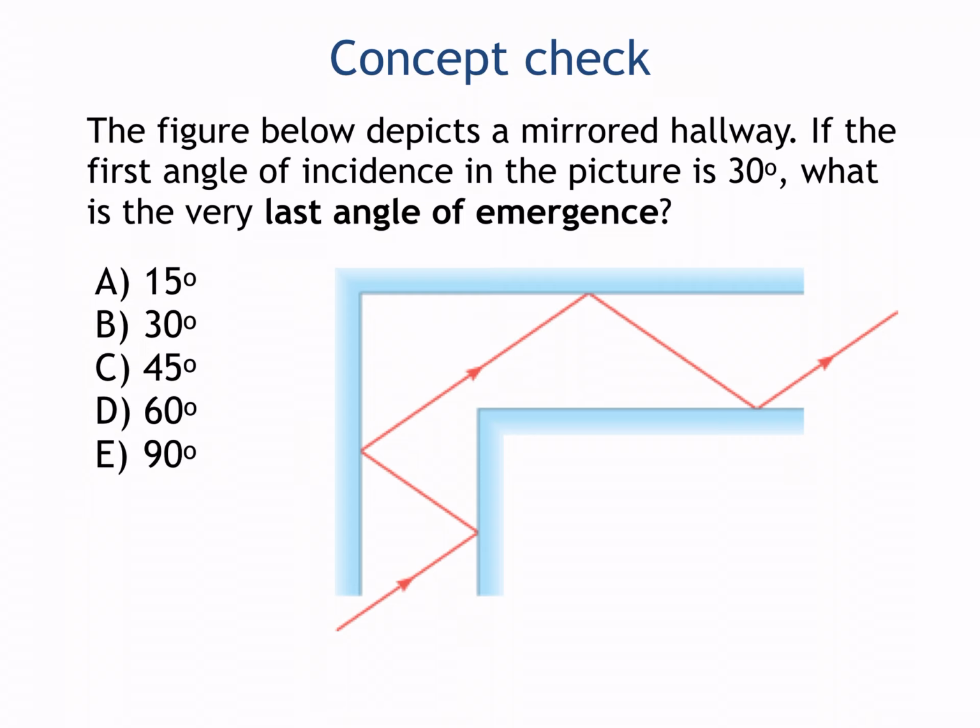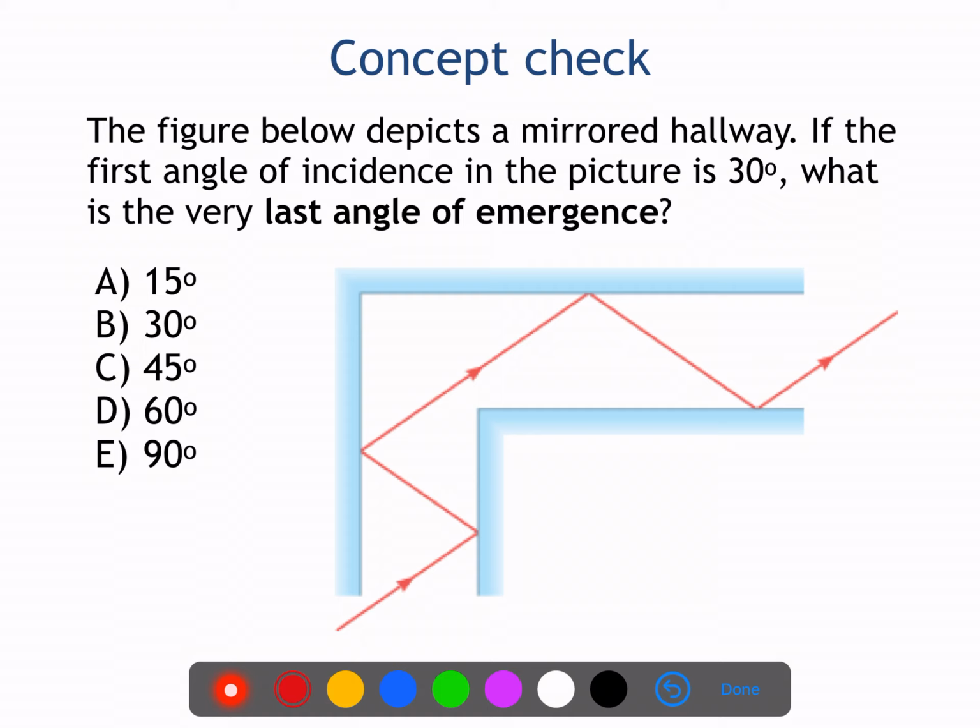Let's see if we can figure out a question for you to calculate on your own that's very similar. So in this example, I am told that the initial angle of incidence is 30 degrees. What that means is that right here, this angle is 30 degrees.